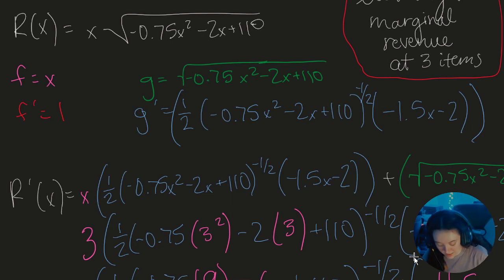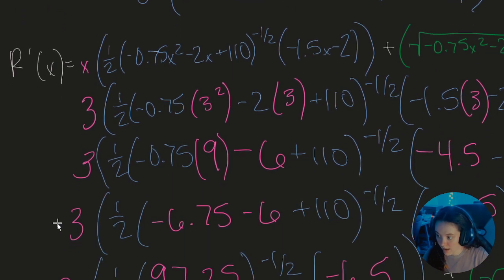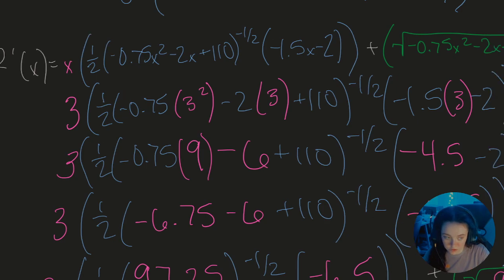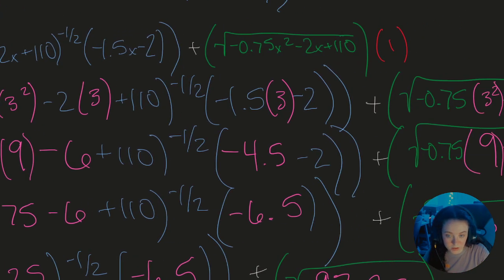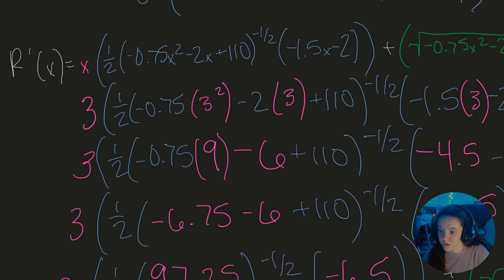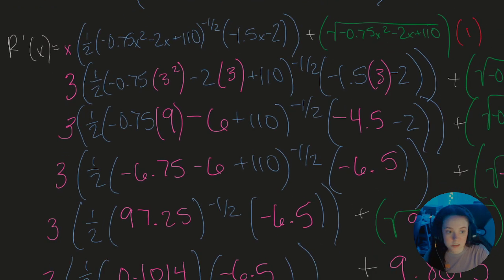So you would say your f right here times your g prime plus your g times your f prime. And I'll scroll over a little bit for you. So g and then f prime. Okay, and then all it wanted you to do after that, let me zoom. I figured out how to zoom.